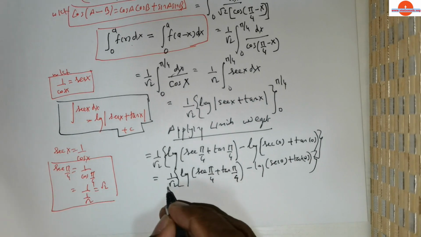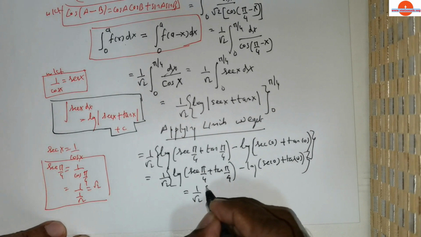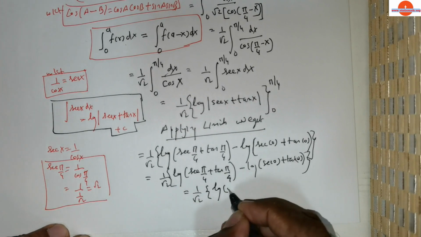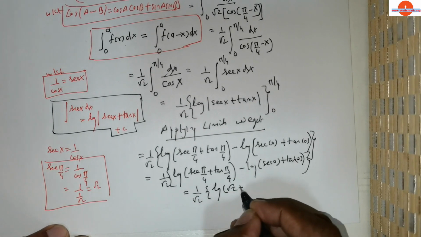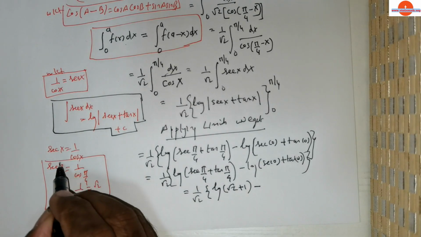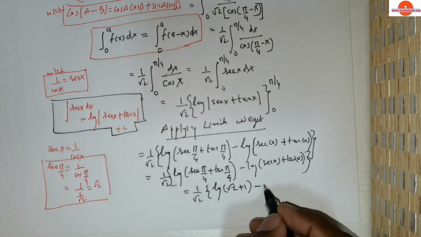So this is equal to 1 over root 2 log of, secant pi over 4 is root 2. Now tan pi over 4 is going to be 1, minus log of secant 0. As I mentioned, you can use the same formula. Secant 0 is 1 over cos 0. Cos 0 is going to be 1.